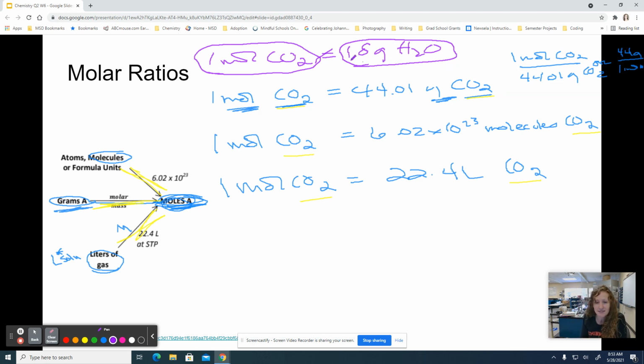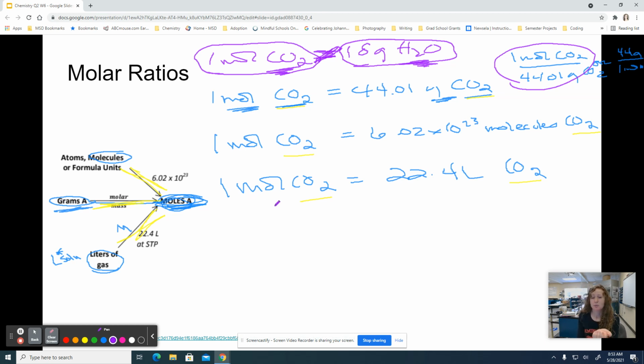So I can't make a statement like this because it's not true. It doesn't turn into a conversion factor where the top is equal to the bottom, right? And that's one of our necessary things to check off about our equivalent statements. And so how do I convert from carbon dioxide to water? That's the question of the day.